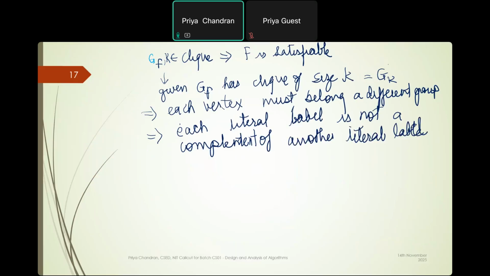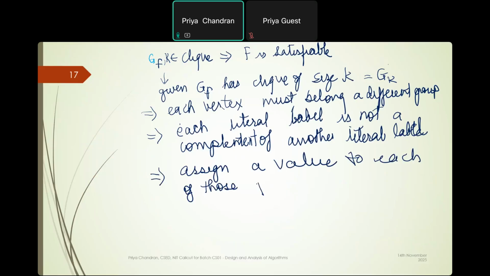So we have a clique in which each of the vertices belongs to a different group and none of them are complements of each other, which means that we assign a value 1 to each of those plain literals and 0 to the complemented literals.